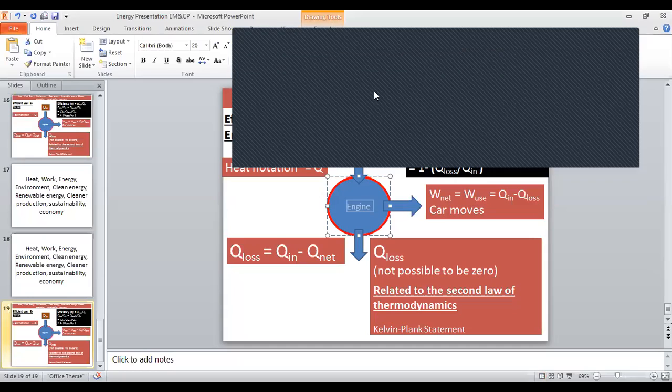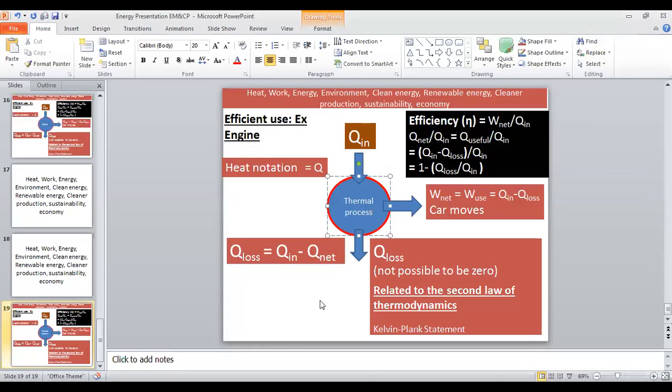Of course, even in an engine, a thermal process takes place. Thermal process. Okay, so very interesting.